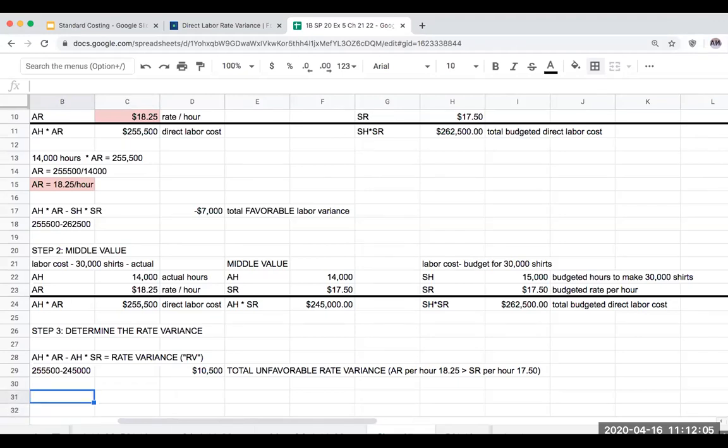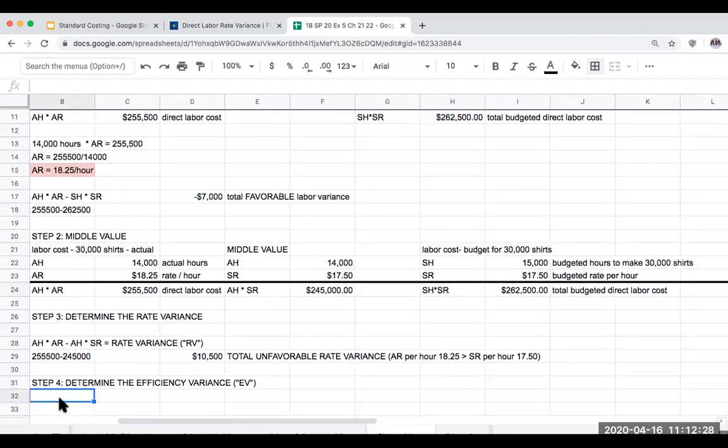The next one here is to determine what we call the efficiency variance. So my efficiency variance is going to be my middle value less my budget. So right over here, I've got my actual hours times my standard rate minus my standard hours times my standard rate.